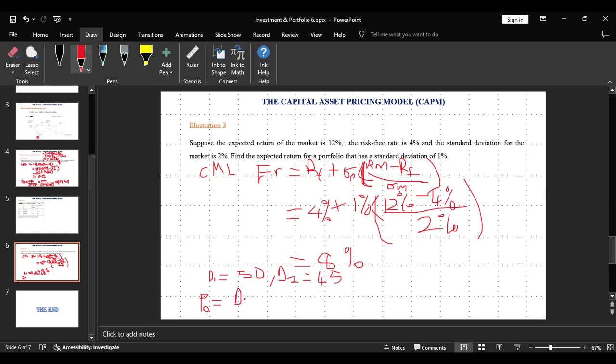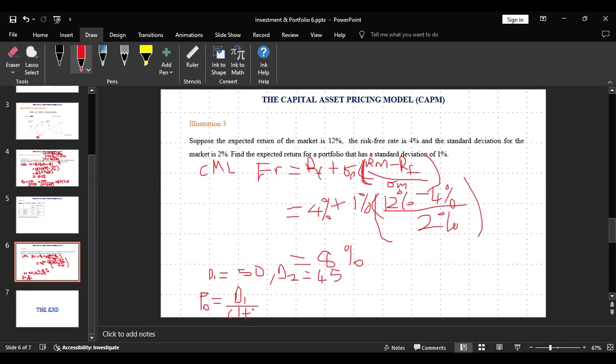So that would be D1 over (1 plus R) raised to the power 1, plus D2 over (1 plus R) raised to the power 2. We don't have space, so we are continuing here.